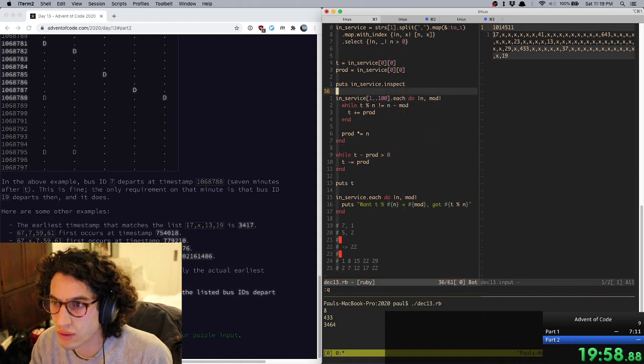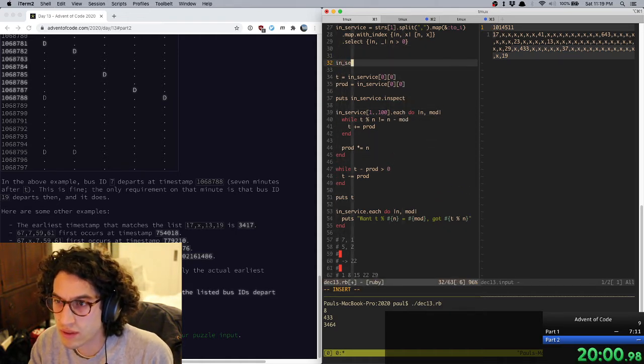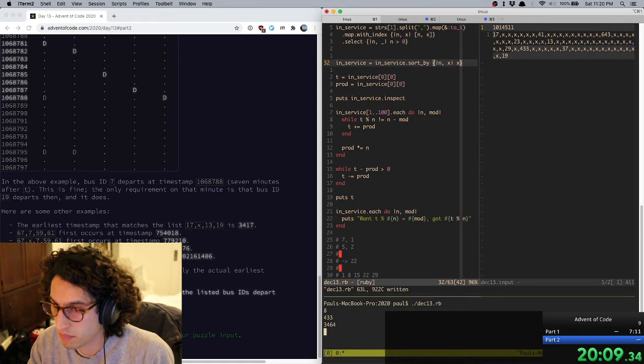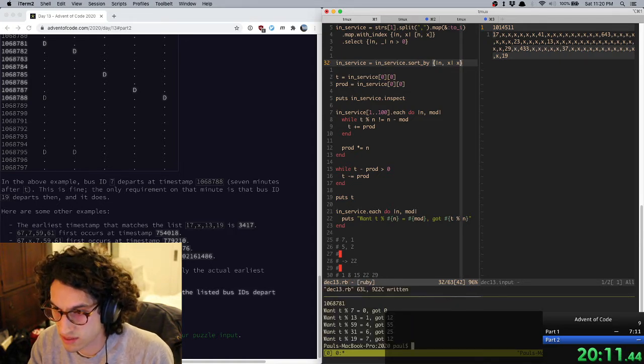In service equals in service dot sort by n x n. Does that still work?